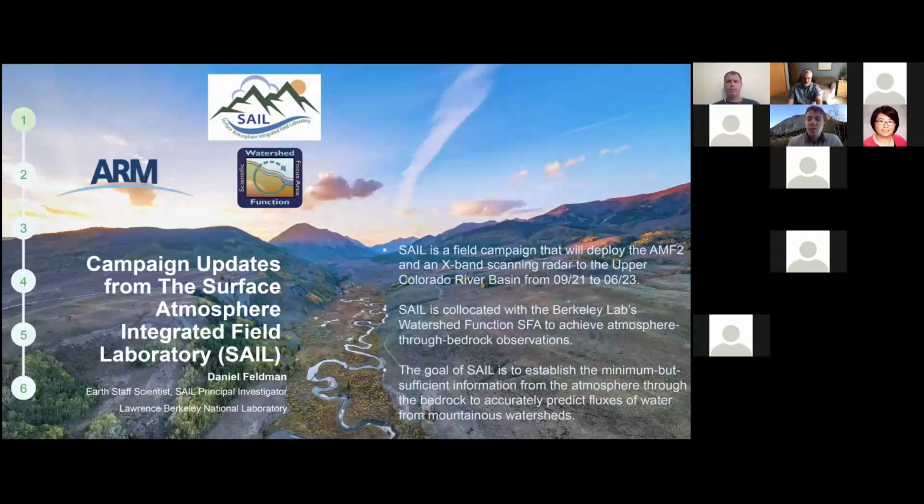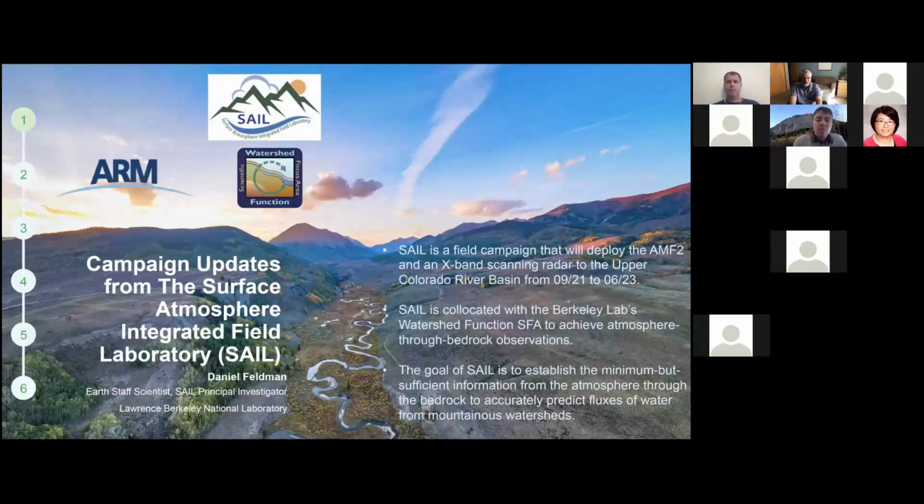So that gives us an opportunity to build up some really interesting statistics and observe a number of processes in the atmosphere, at the land-atmosphere interface, and also within the surface and subsurface at the same time.